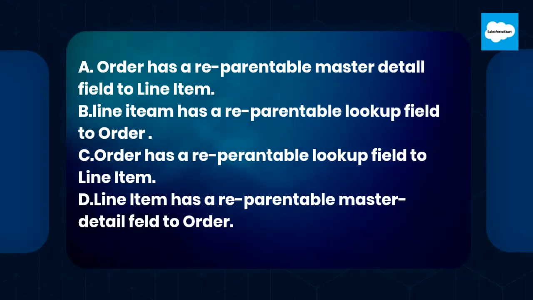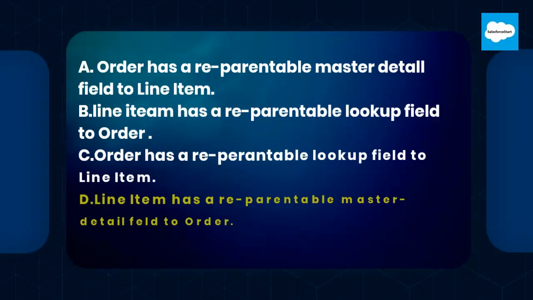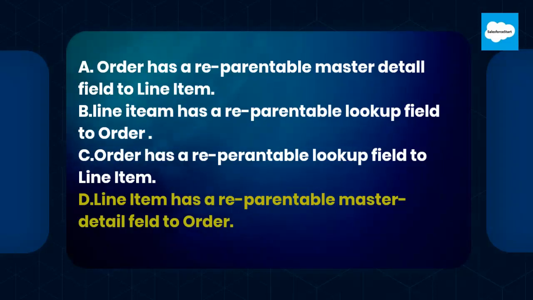A. Order has a re-parentable master-detail field to line item. B. Line item has a re-parentable lookup field to order. C. Order has a re-parentable lookup field to line item. D. Line item has a re-parentable master-detail field to order. The answer is option D. Line item has a re-parentable master-detail field to order.